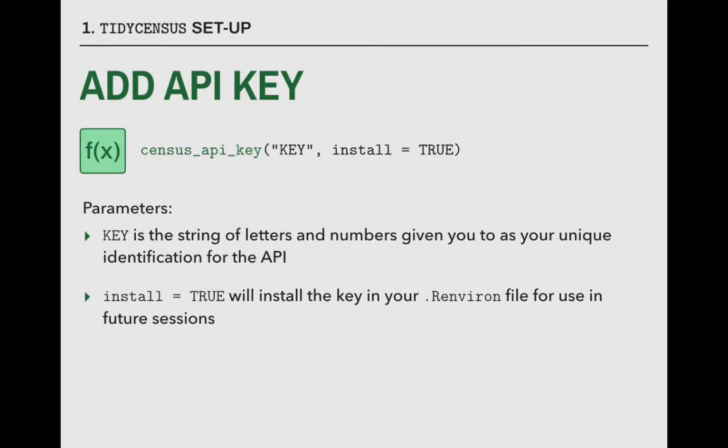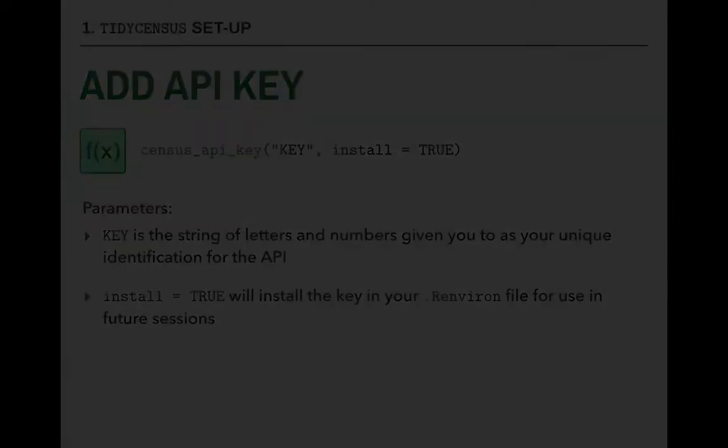One is the key itself that needs to be wrapped in double quotes. This is a very long string of letters and numbers, and so you'll want to copy and paste this. Don't try to type it in yourself. And then secondly, we're going to set install equals TRUE, and this means that we only have to enter it once per computer that we're using.